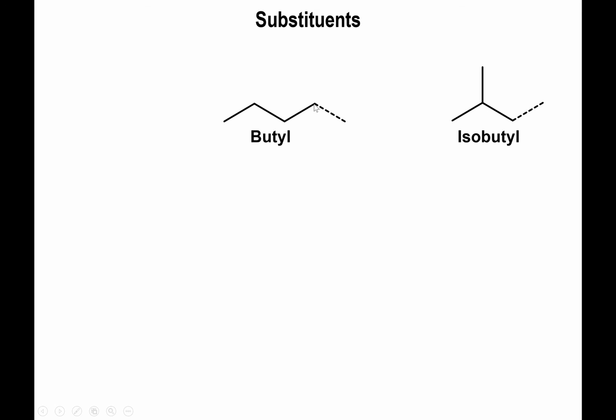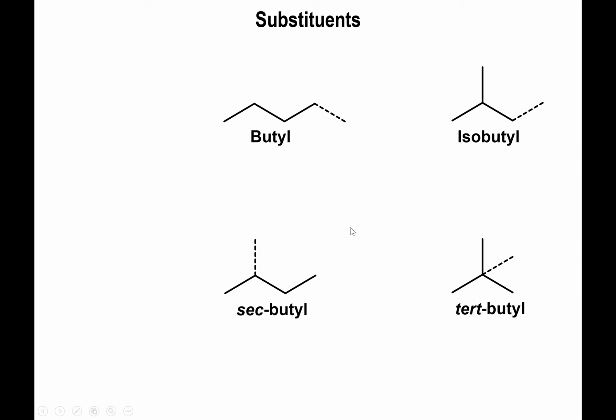You could attach them from the end for both of the counterparts, and the moment that happens, this is no longer known as butane, this is now butyl, and this similarly is no longer known as isobutane, but now it's isobutyl, as long as you connect through the end. But you could also have the connection through the middle, and notice that we still have the 4-member linear chain here, a 3-member linear chain with a carbon sticking out the middle, but now I'm attaching from the middle as opposed to from the ends.